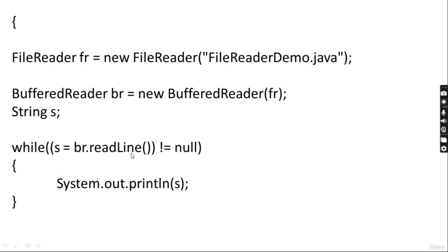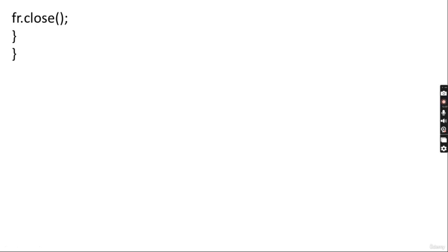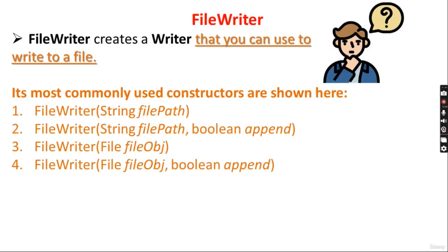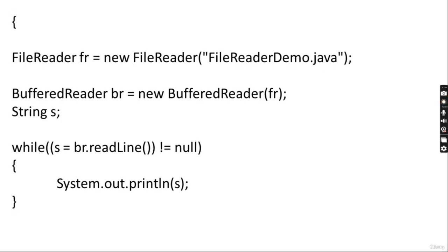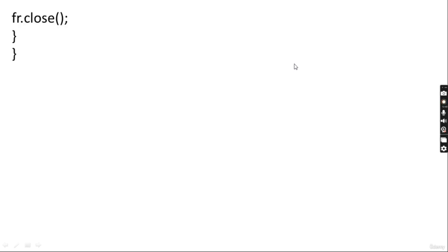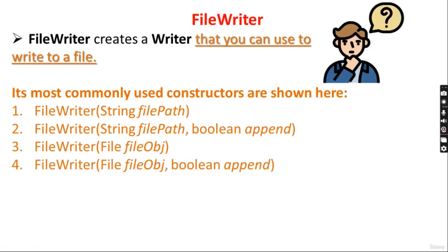String s; while s = br.readLine() is not equal to null, it will print using System.out.println, that is, to the console. Then close the file reader. So whatever you have in FileReaderDemo.java, it will read the complete file, display it in the console, and then close the file object.